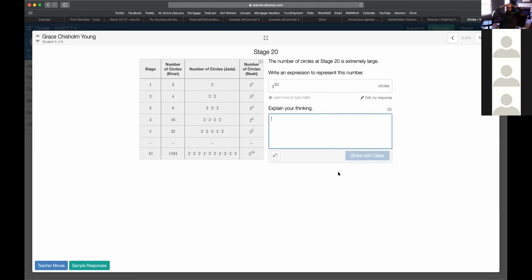Yeah. I agree with that. So why 20? Like we have these exponents here. Why 20? 20 because you multiply by 2 20 times. Because it's stage 20. Mm-hmm. Yeah. So this is our stage number, so it should match up. So maybe something like this.